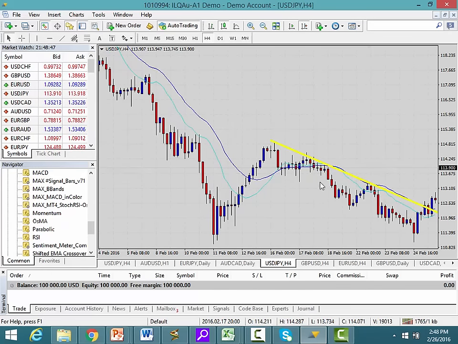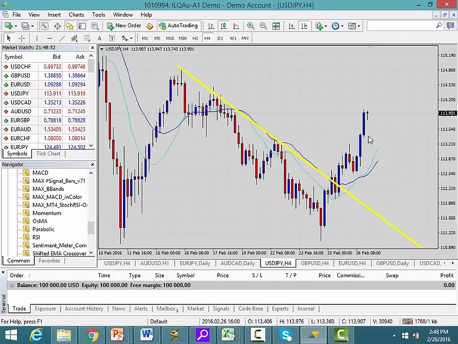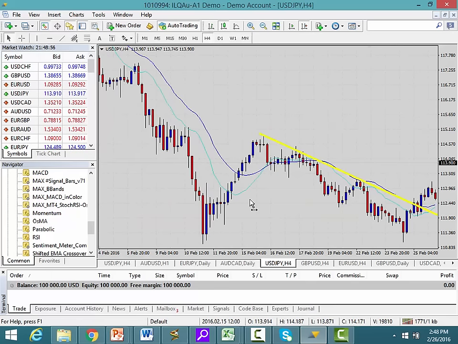Okay, right here the market was in the sell zone, got into the buy zone, and took off again. Okay, now you can see right here the market broke this downward trend line and then gave several impulses down right here. Okay, where you could have taken these trades to the downside.